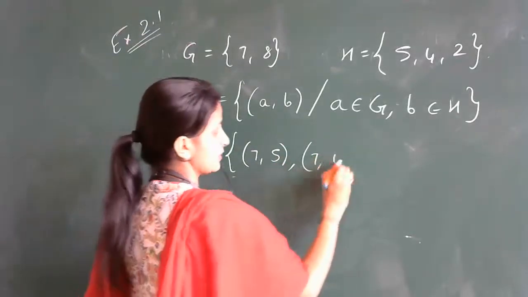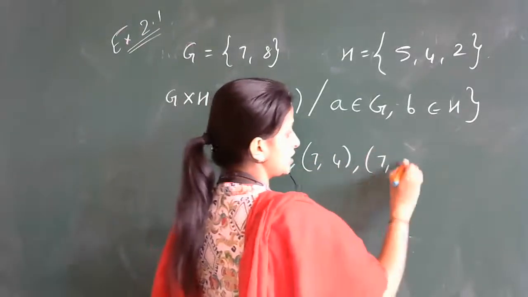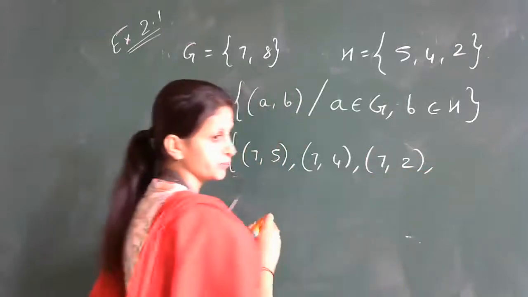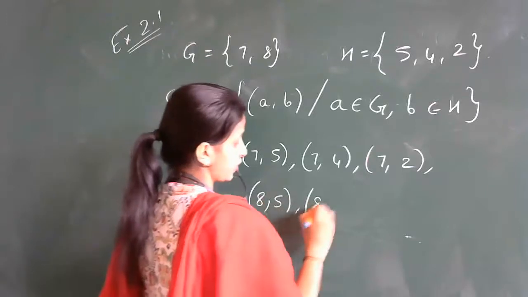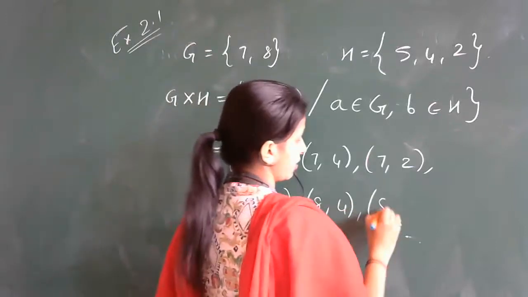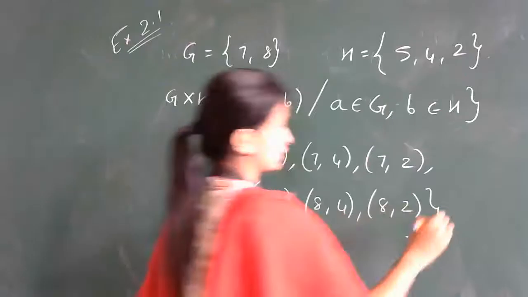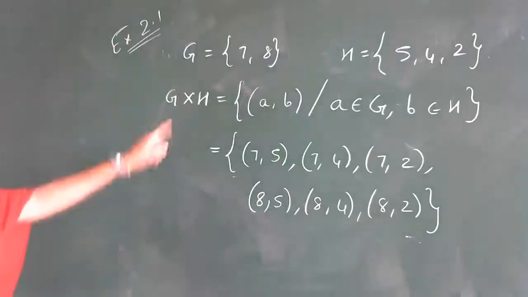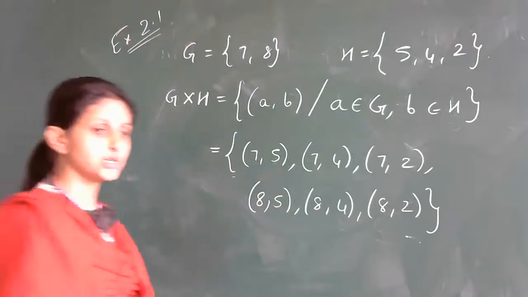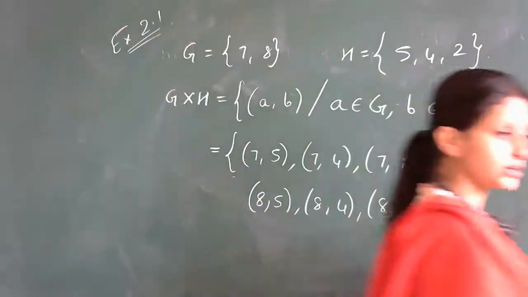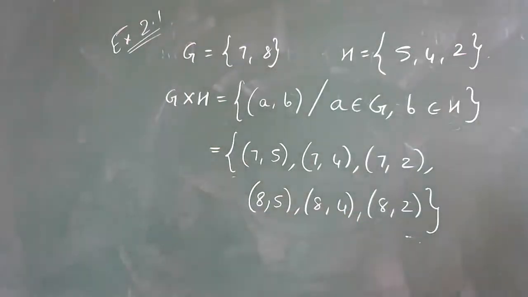Second (7, 4). Third (7, 2). Next ordered pairs (8, 5), (8, 4) and (8, 2), so these are the elements of G cross H. Is it correct, Mohammed? Pragati, did you verify?